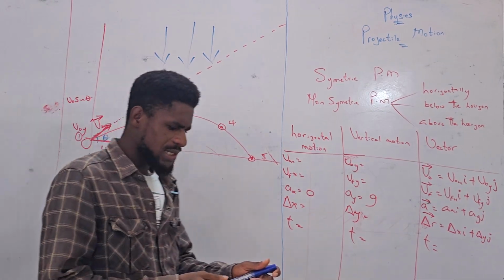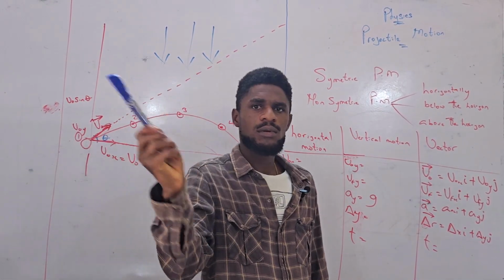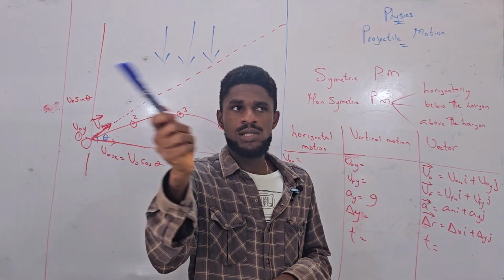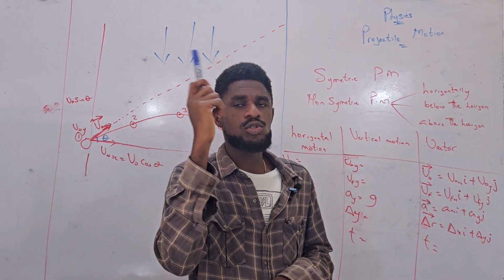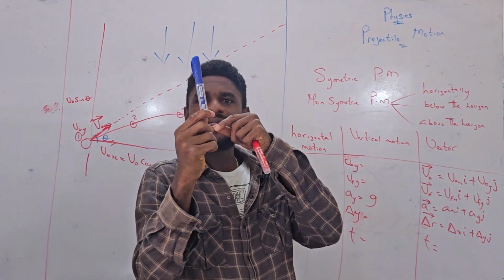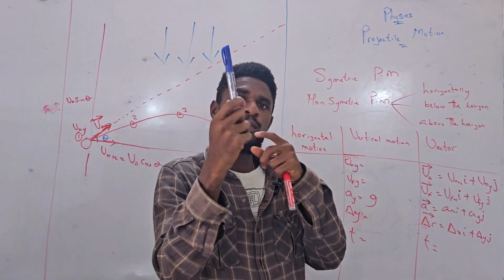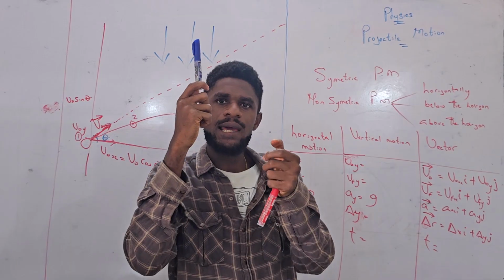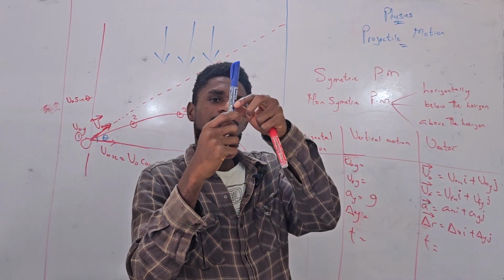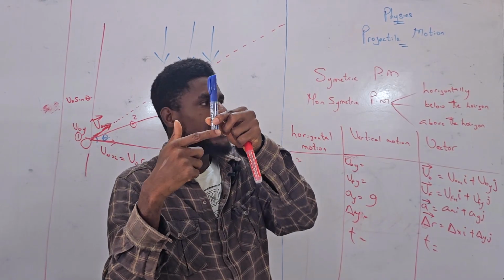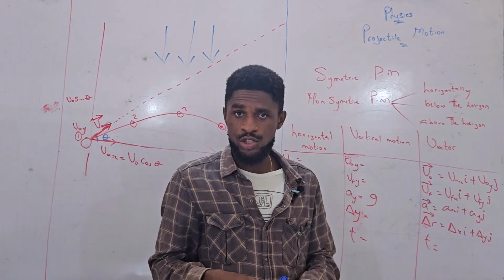If that doesn't make sense, imagine I were spinning this marker in a circular path, and I'm spinning it fast. What happens the moment I release my hand? Wherever the marker is at that point, by the time I release my hand, it tends to fly in that direction.